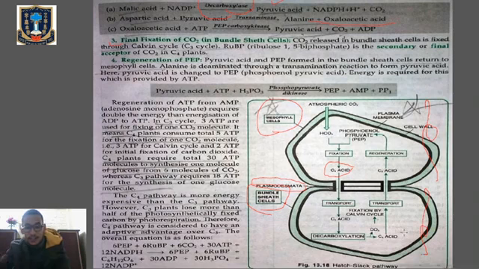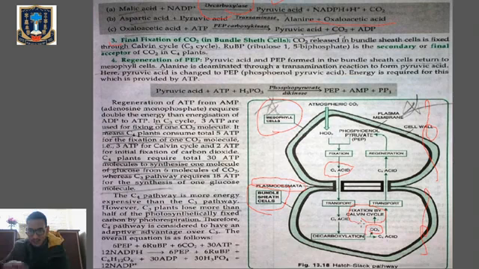The carbon dioxide released in the bundle sheath cell will now be fixed by the help of which cycle? By the help of the Calvin cycle or the C3 cycle. And what is the carbon dioxide acceptor of the C3 cycle? It is RuBP, ribulose 1,5-bisphosphate, and this is the final acceptor of carbon dioxide in C4 plants.